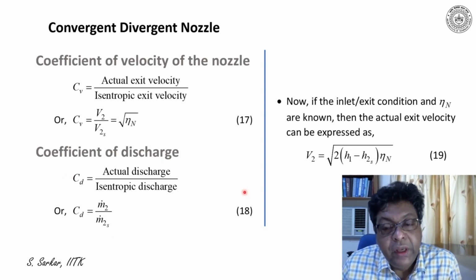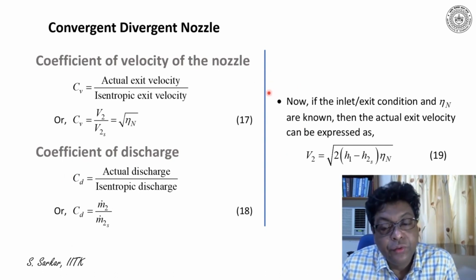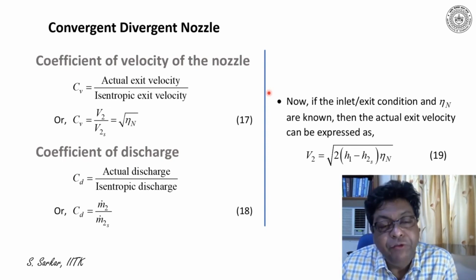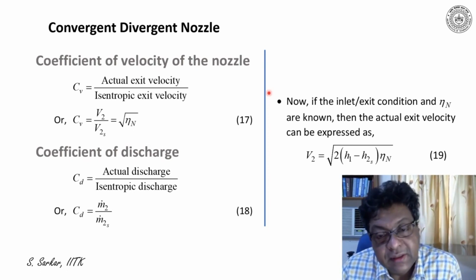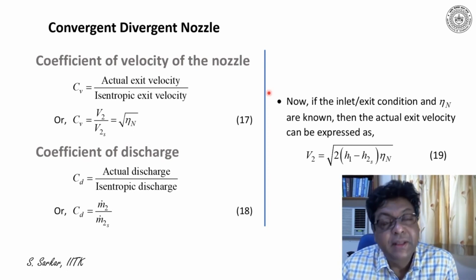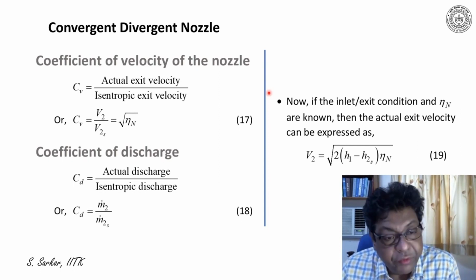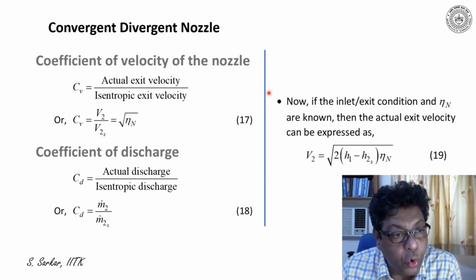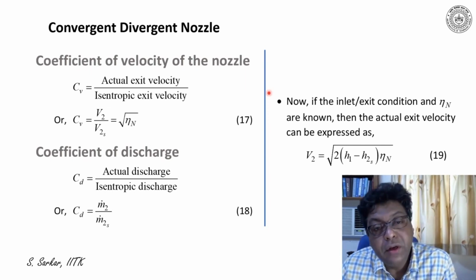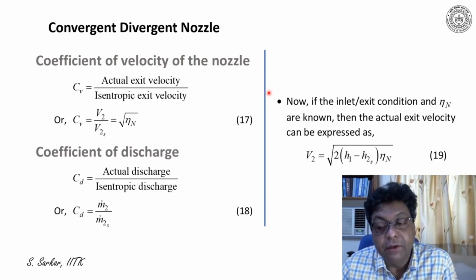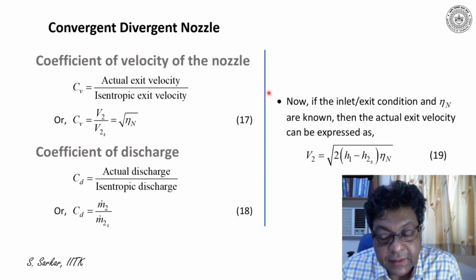Now, if we can assess eta n, that is nozzle efficiency, and if we know the isentropic conditions, then the actual exit velocity of the nozzle can be given by V2 equal to root over twice (H1 minus H2s) into eta n, which can be expressed by equation 19.